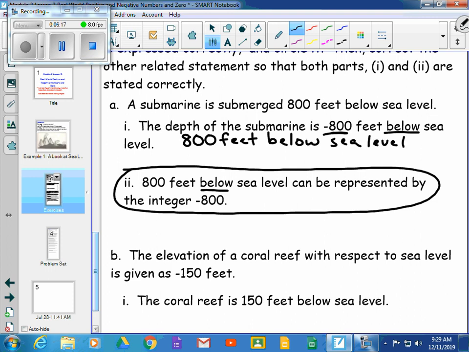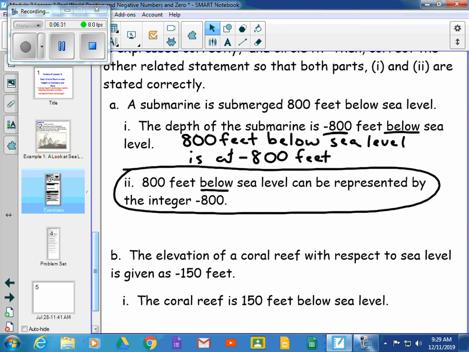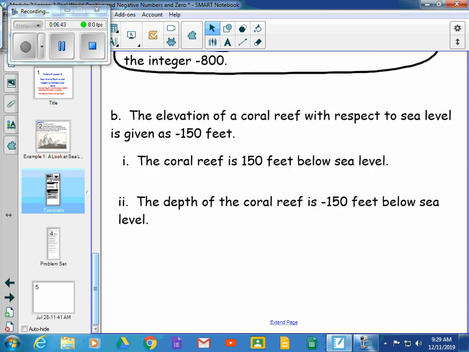Or we can say that the submarine is at negative 800 feet. Notice both of those use only one negative representation. There's the negative representation in below, and there it is in the negative integer. No double negatives, just like in language arts.